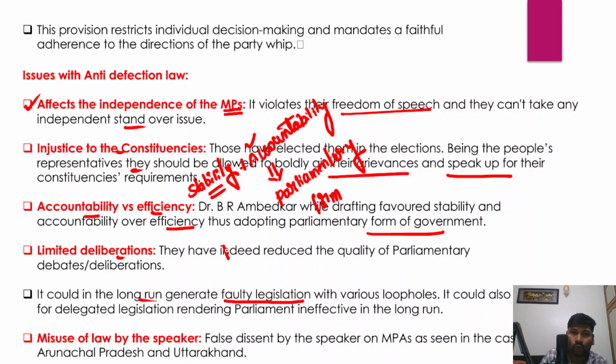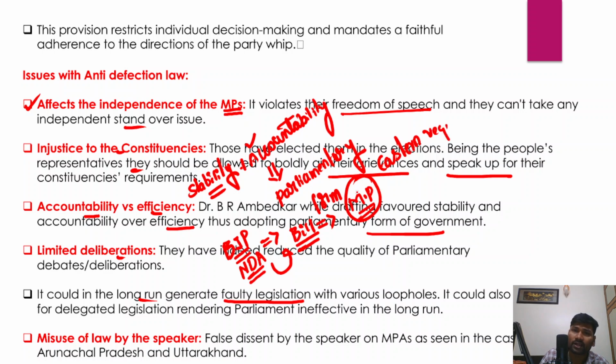Now I would like to give you an example. The Bharatiya Janata Party has introduced a bill in the parliament, right? This political party is now also called the National Democratic Alliance. When it introduced a bill in the parliament, it had certain contentious provisions which may not be acceptable for an MP from one region of India, for example the eastern region.